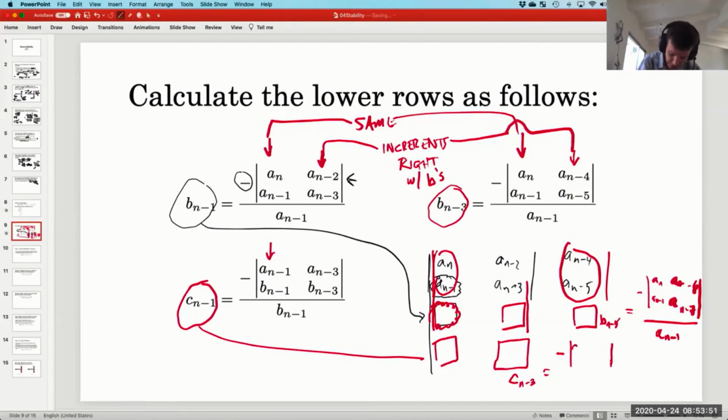So that's a sub n minus 1, b sub n minus 1. And I certainly didn't leave myself enough room. The next two are going to come from here. So this is going to be a sub n minus 5 and b sub n minus 5. And we're going to normalize by the same entry, the leftmost entry in the b row, b sub n minus 1.